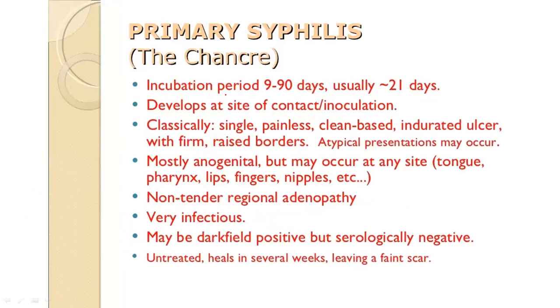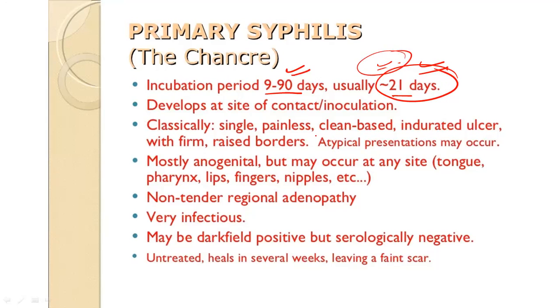So we'll briefly discuss how the chancres occur. The incubation period is around 9 to 90 days, usually 21 days. Just remember that if you don't get a range, you'll get 21 days directly. The four options may contain 20 days, 25 days, 35 days, and 40 days. So just tick the 20, which is nearest to 21, right?